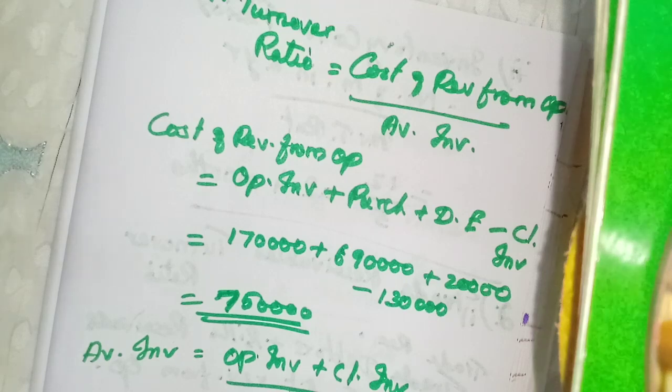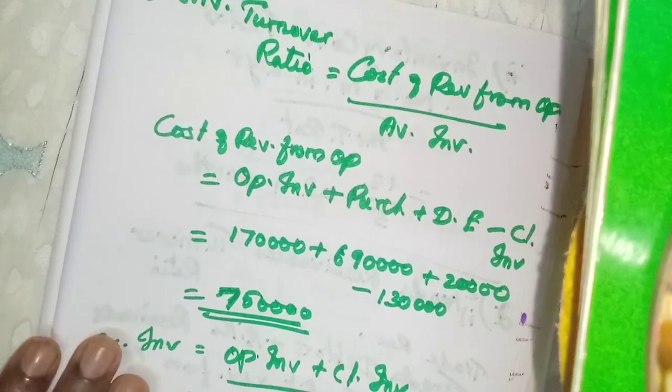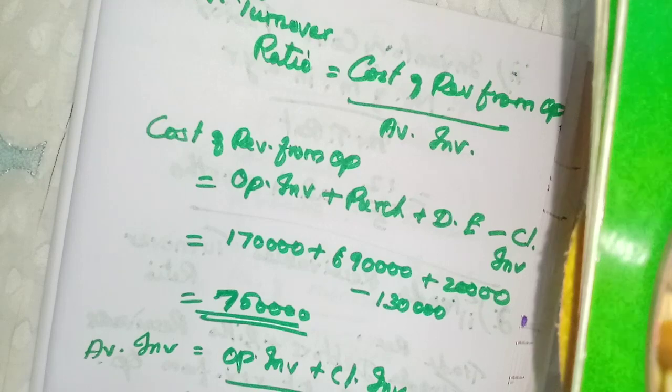Inventory, average inventory. Trade receivables, average trade receivables. For the trade payables turnover ratio, average trade payables. For the fixed assets turnover ratio, average fixed assets. Okay, so what we are writing down, you are very clear.